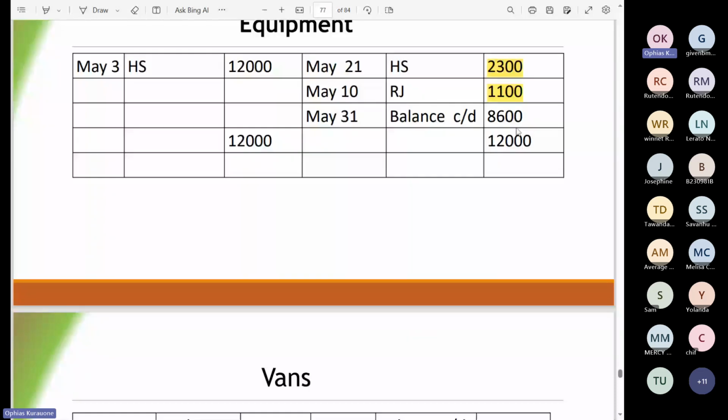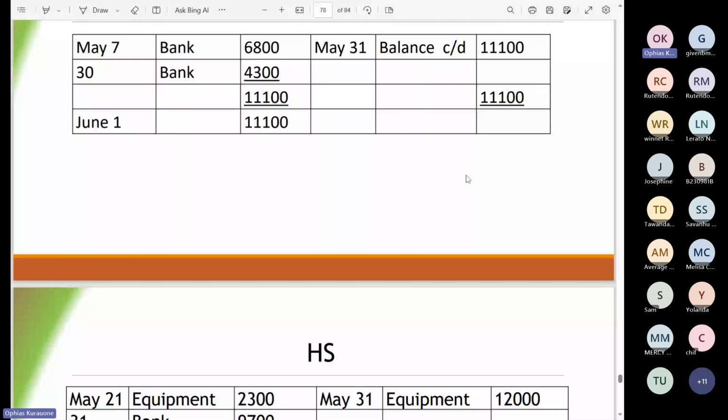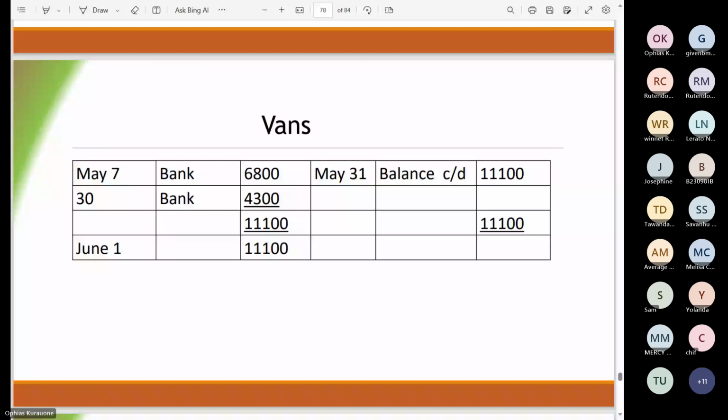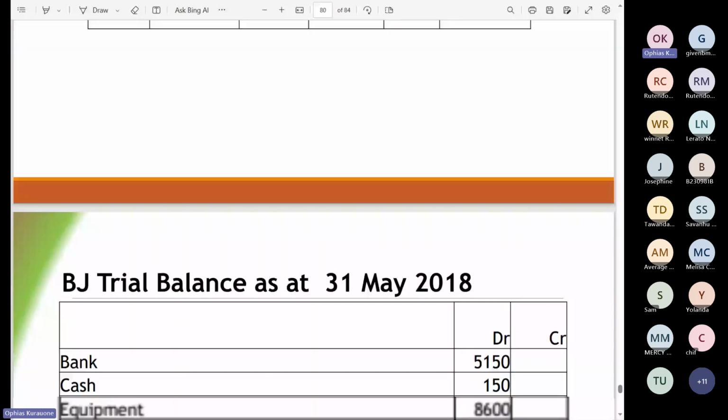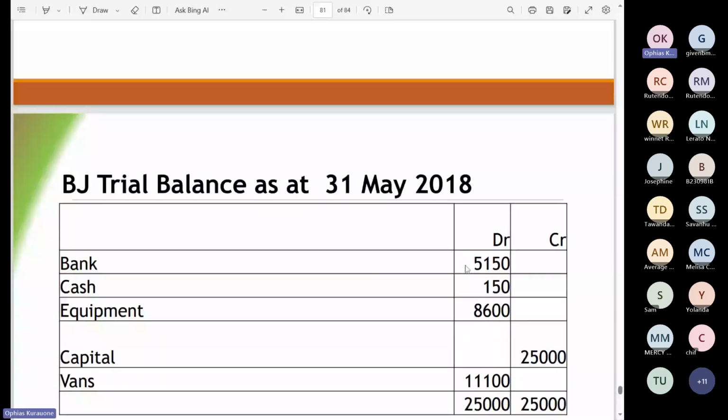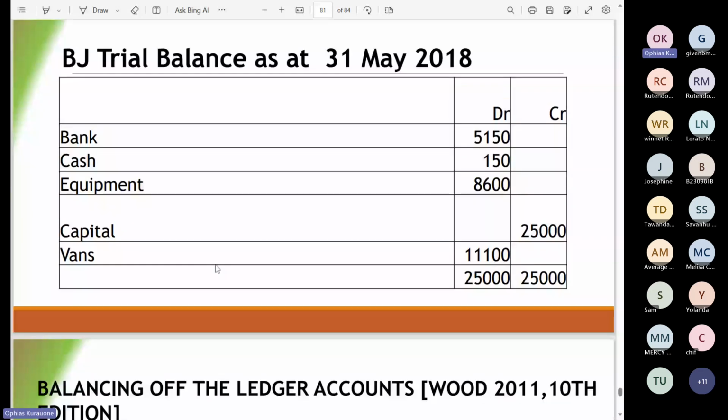That's the remaining. Then the van, 11,100. That's why you've got a trial balance like this: bank 5,150, cash 150, equipment 8,600, capital 25,000, then 11,100. Then you add.